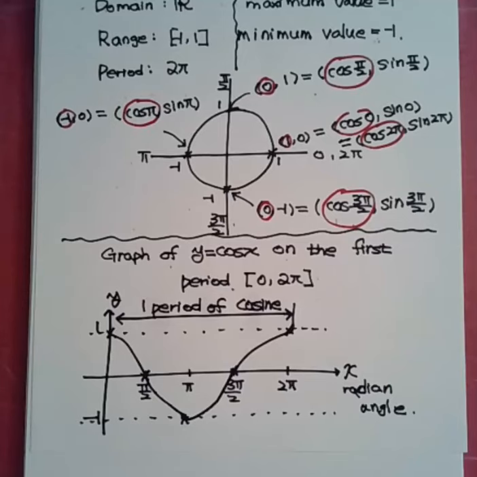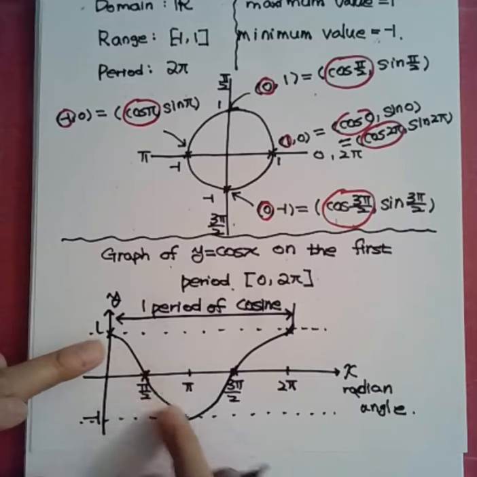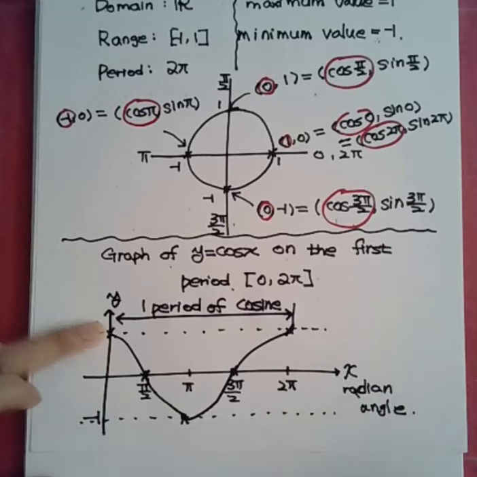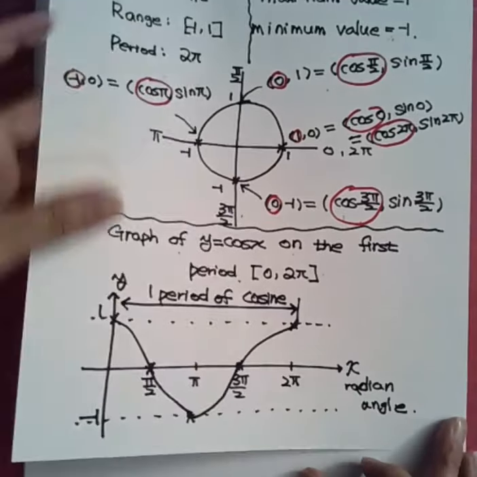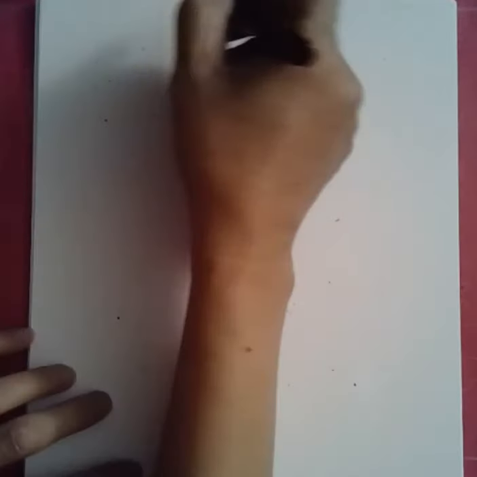Cosine function is a periodic function with period 2 pi. So by repeating the same pattern over and over again, we can complete the graph of cosine. Let's do that.